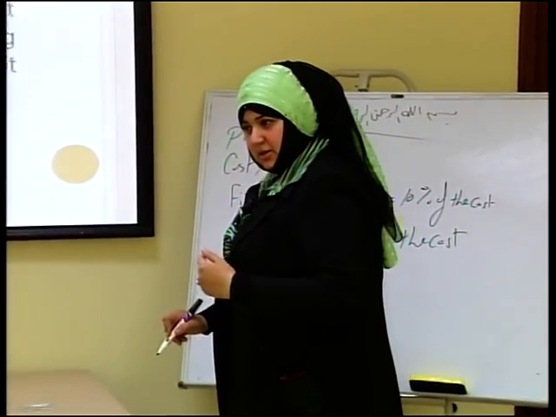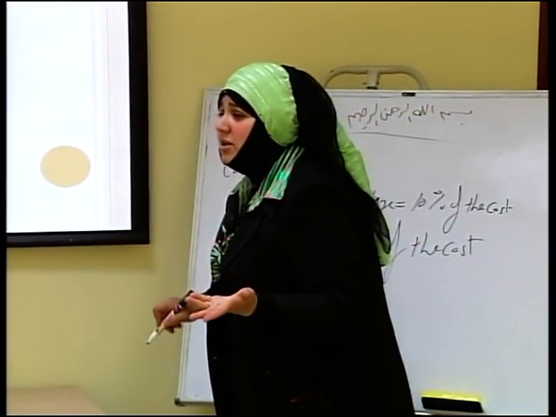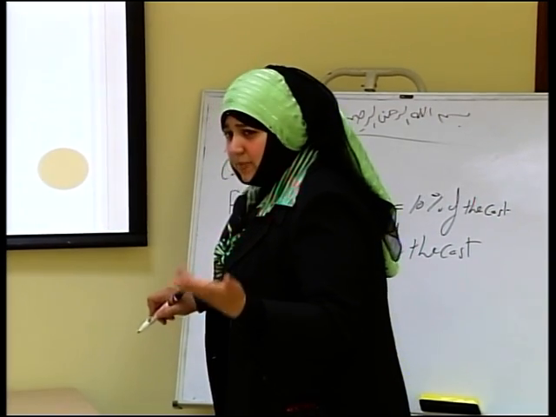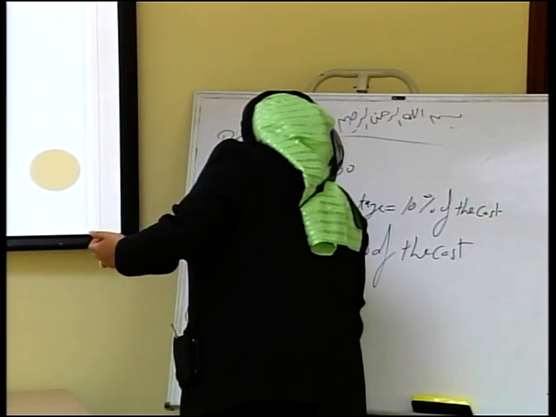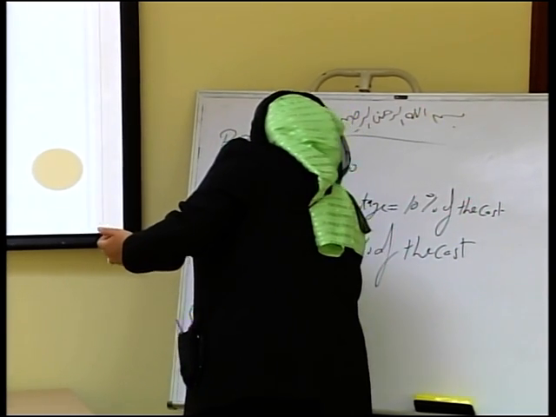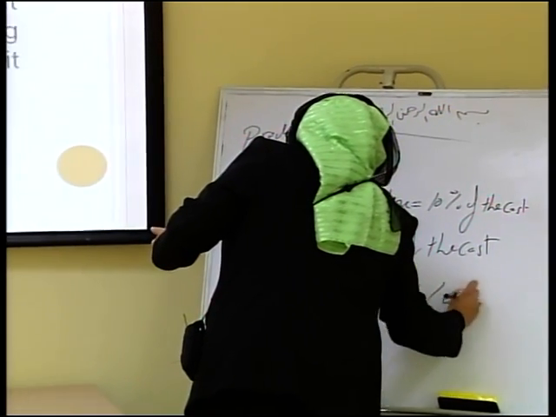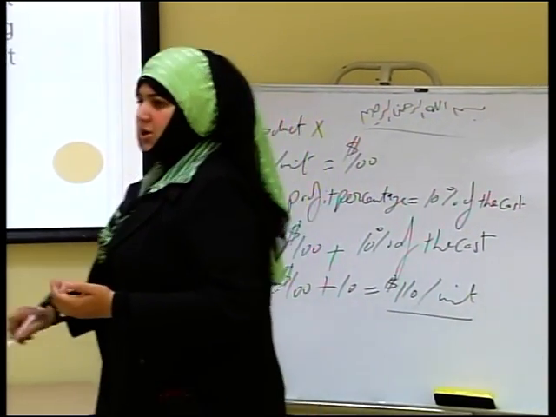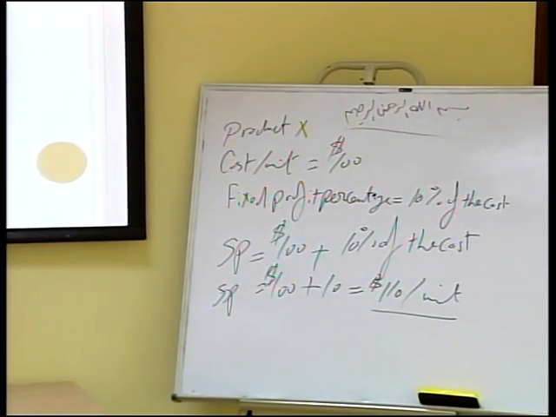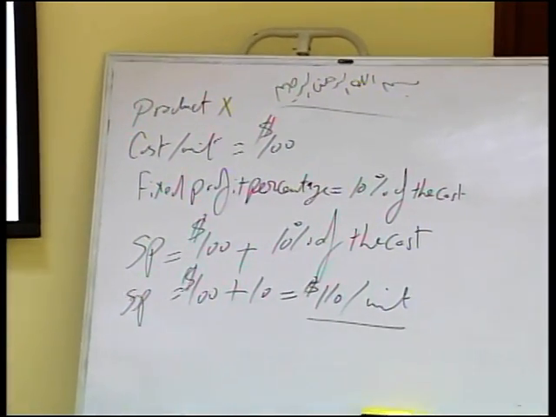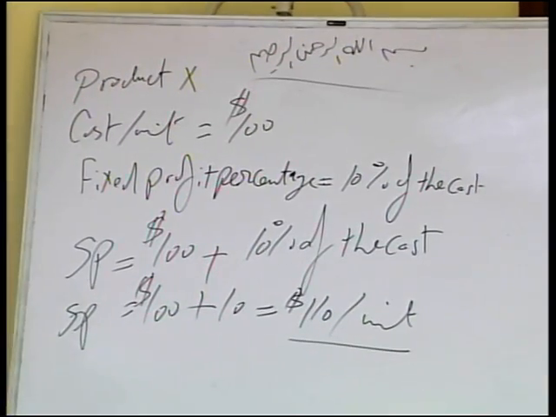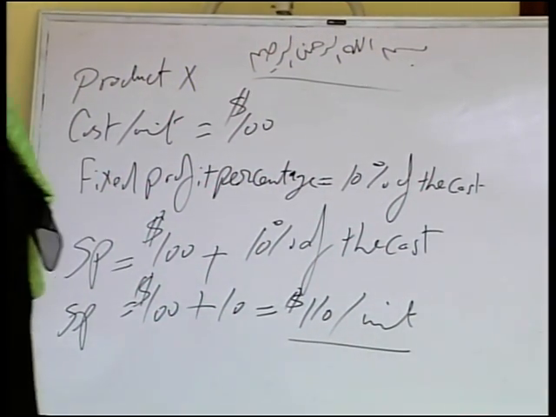Right? 10% of 100 is how much? $10. So 100 plus $10, then the selling price per unit should be $110 per unit, right? Okay, agree? This is what we mean by cost-based pricing.